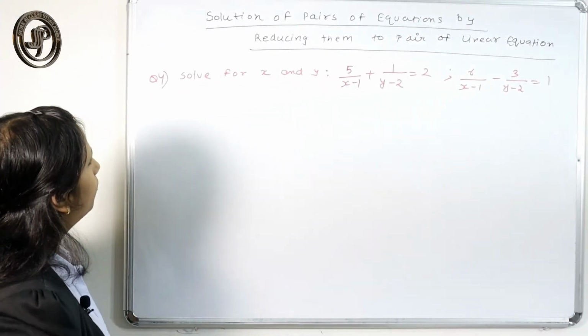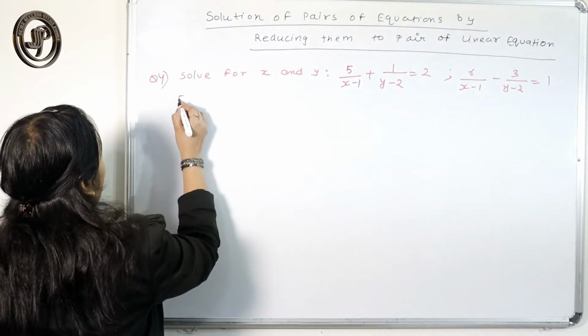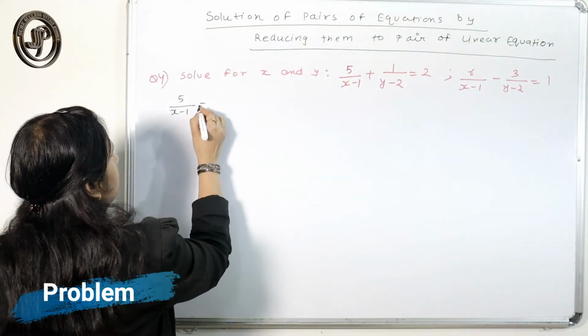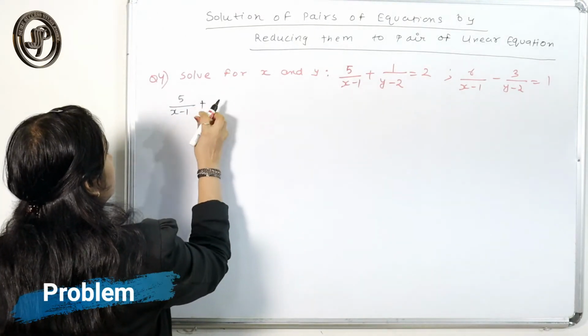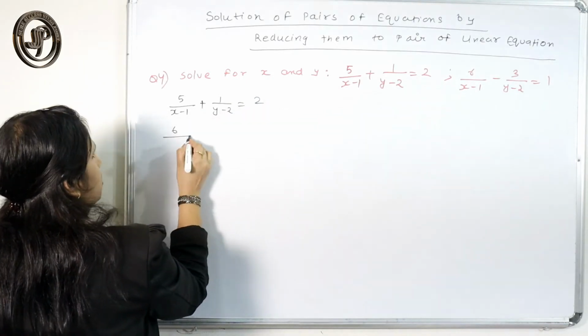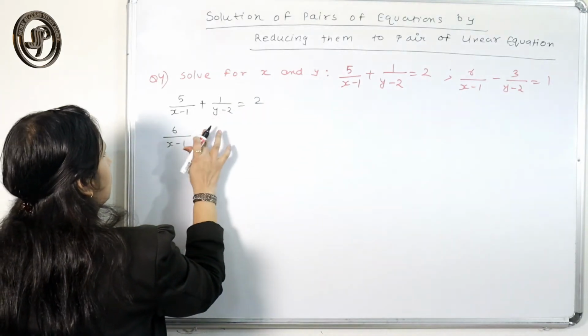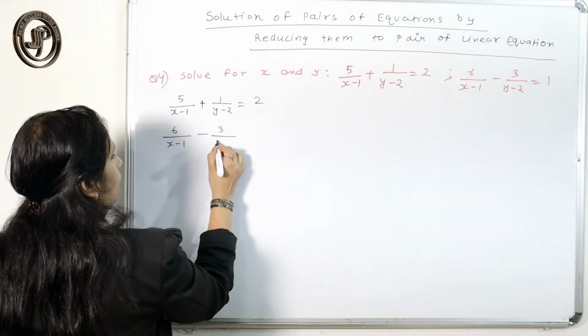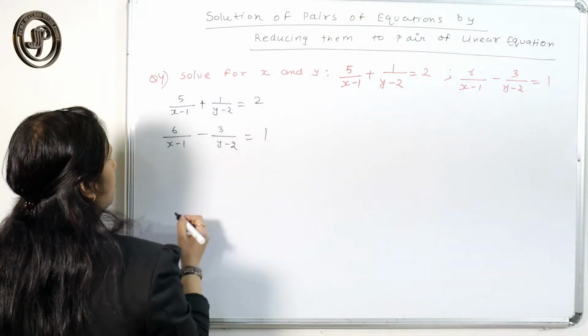So here you have a question. 5 upon x minus 1 plus 1 upon y minus 2 is equal to 2, and 6 upon x minus 1 minus 3 upon y minus 2 is equal to 1.